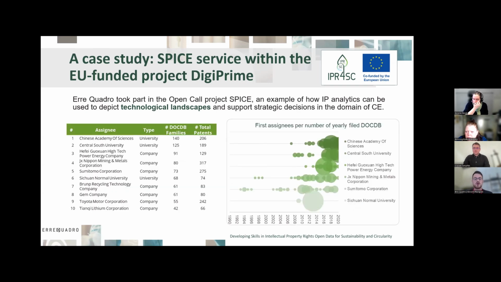So who are the big players here? And once again, we saw that the big players were mostly Chinese and Japanese companies and universities with different patenting strategies. We can see, for example, that Japanese companies delivered a more constant and predictable, I would say, strategy over the years.